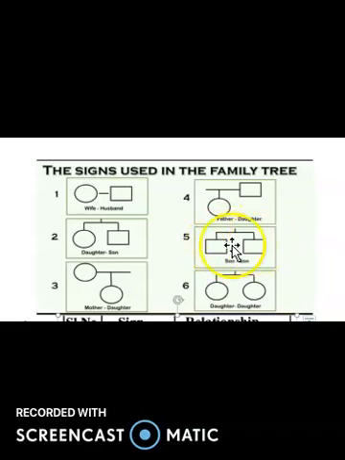When two squares are there and one extension has been shown, that means these are children, and since both are boys, they are sons of a parent. Now, when two circles are shown with an extension like this, that shows that these are daughters. Both are female, isn't it? Because they are in circles. Okay, now let us move forward.